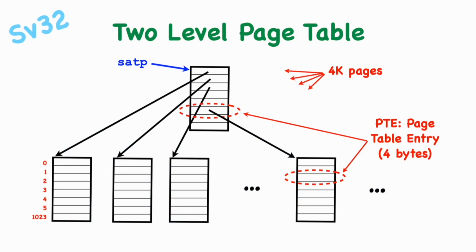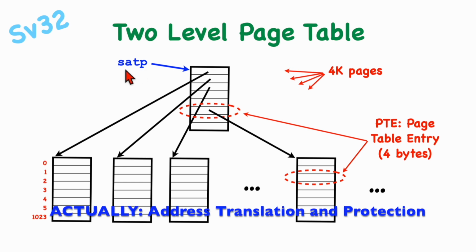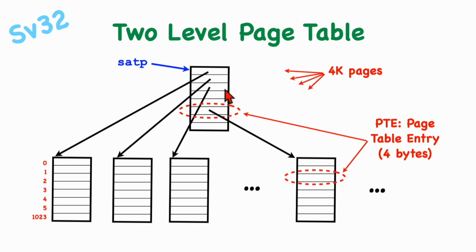Here's a picture of an Sv32 page table, which is a two-level tree. There's a control and status register called SATP, which I suppose stands for Supervisor Address Table Pointer, and this contains the address of the root node of this tree. Each node is an array of 1024 page table entries.